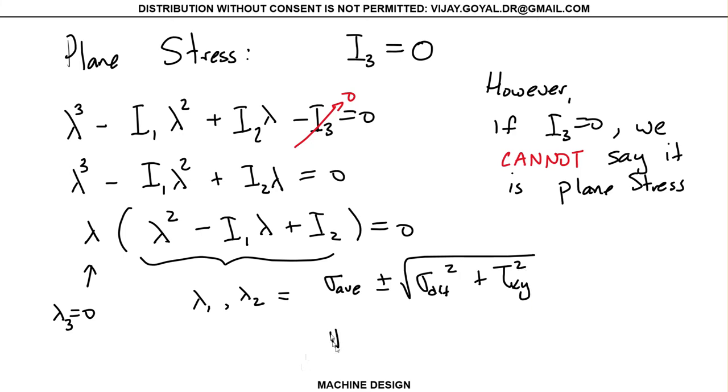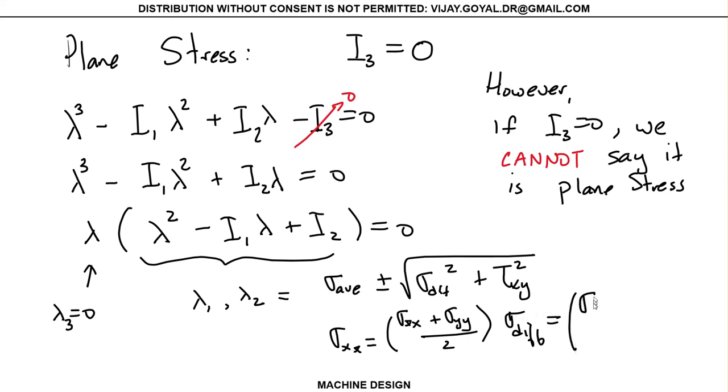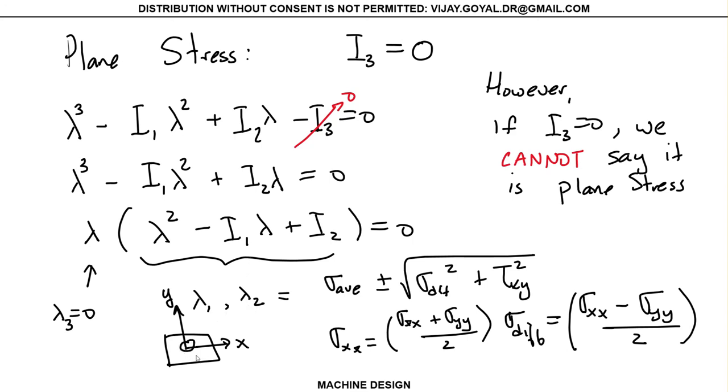Where sigma average is nothing else than sigma xx plus sigma yy divided by 2, and sigma difference is the difference of this. This is if we are working the case where your cross section looks like this, x and y. Your z goes inboard, outboard of the plane.